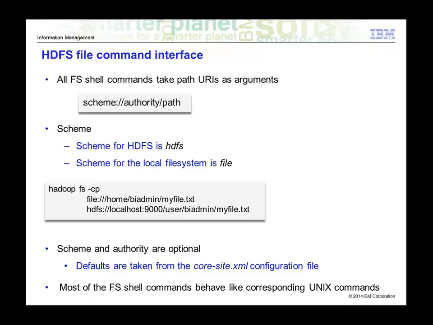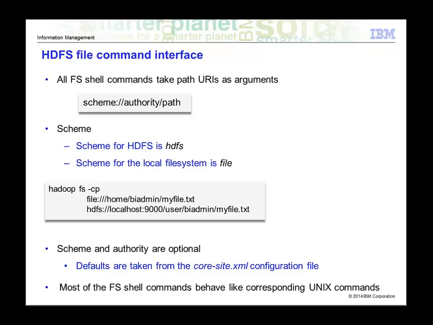The local file system has a scheme of file. HDFS has a scheme called hdfs. For example, let's say you wish to copy a file called myfile.txt from your local file system to an HDFS file system on localhost. You can do this by issuing the command shown.